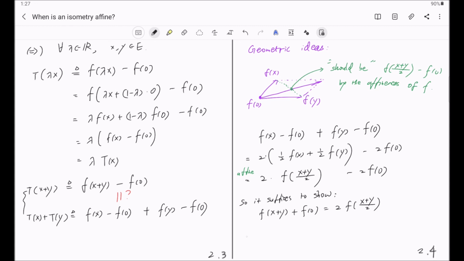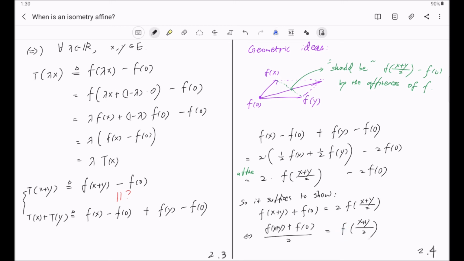But this is equivalent to just 1/2 of (f of x plus y plus f of 0) equal to f of (x plus y) divided by 2, which is precisely another application of the affinity of f.